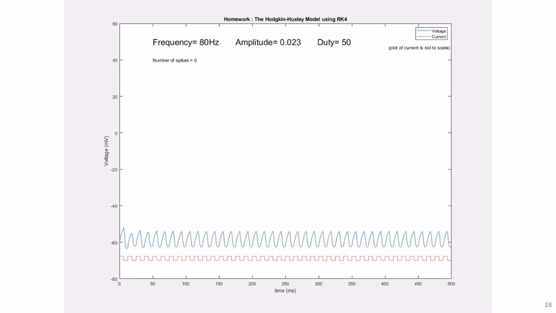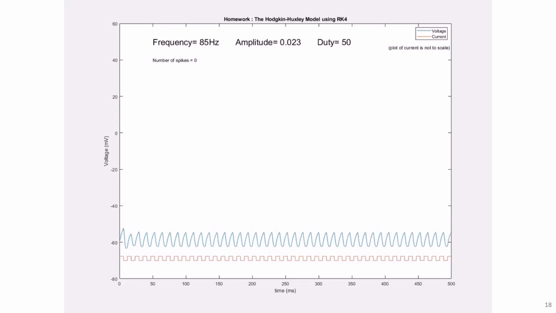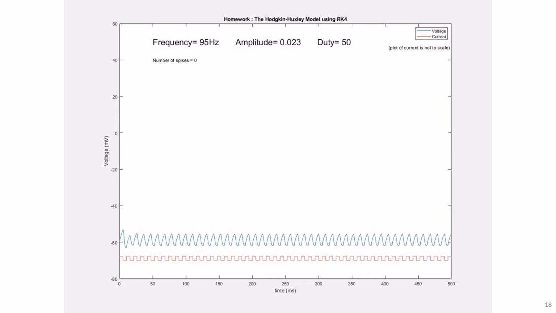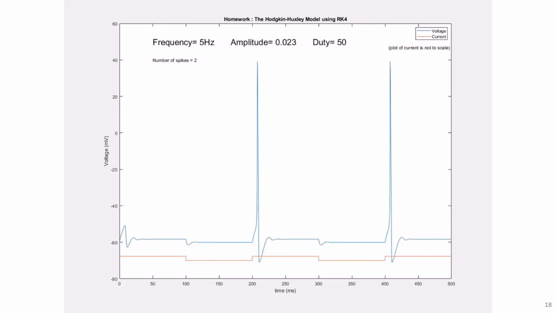Again, it's a similar thing we noticed in the sinusoidal current, that at very high frequencies, you needed higher amplitude to spike. So I'm keeping the amplitude fixed. When I increase the frequency beyond 80, there is no further spiking. So 80, 85, 90, 95, 100, there aren't any spikes, and I can make it spike if I increase the amplitude.